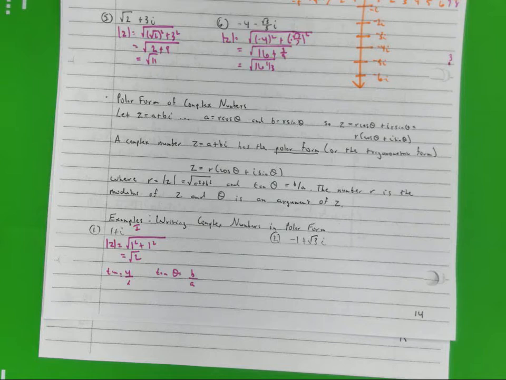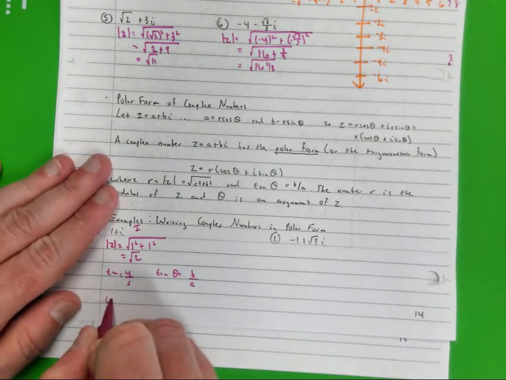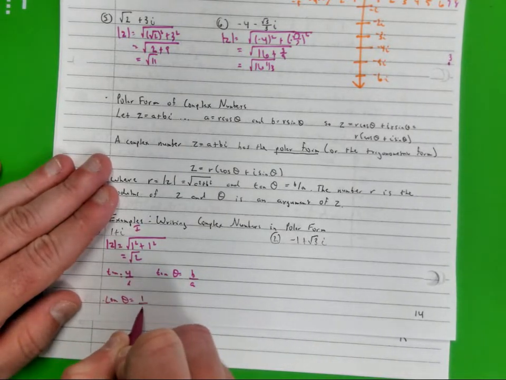If I graph this, just think of it like the regular plane. Wouldn't that be your x coordinate, and that your y coordinate? So instead of learning all these different formulas like b over a, y over x, just pretend that's your y, 1 divided by what? So 1 divided by 1, tangent of theta equals 1 divided by 1, which is 1.